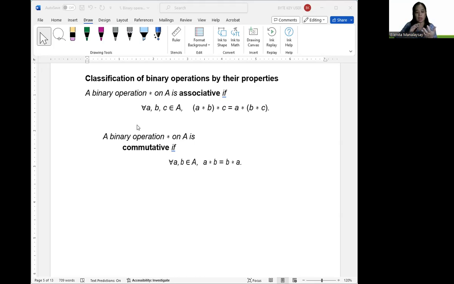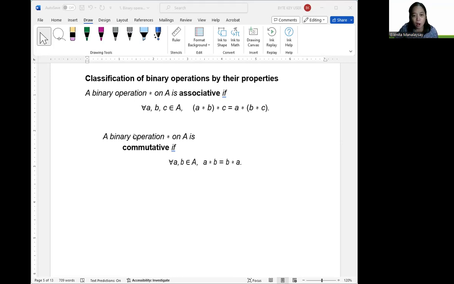So under multiplication and under division, the associative property holds for the set of real numbers and its subsets, not all, but some of the subsets, such as the set of integers and the set of rational numbers. Okay, so this property holds.